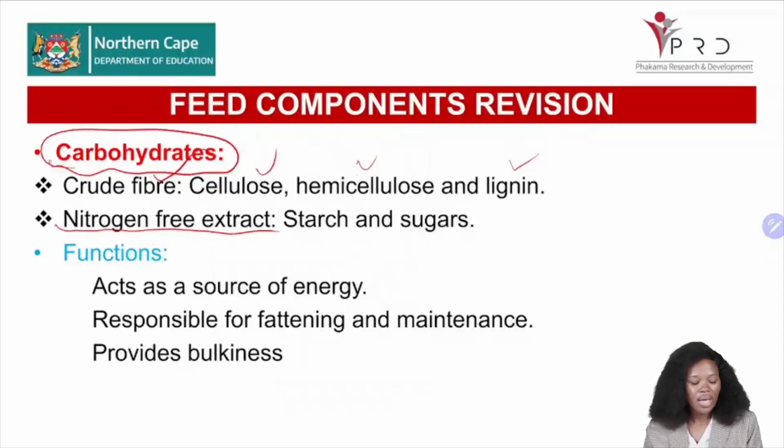Please note that this crude fiber, or this part of carbohydrate, is less digestible. It can only be digested by ruminants because they secrete microorganisms. It's very difficult to digest components such as hemicellulose, cellulose, and lignin.